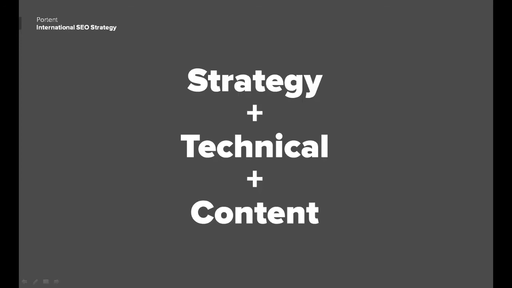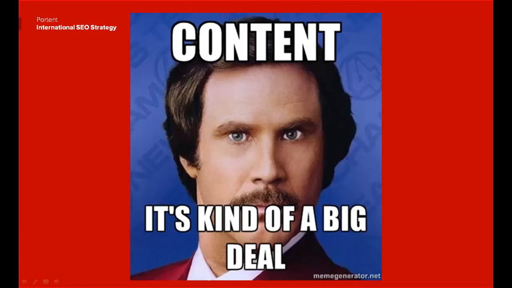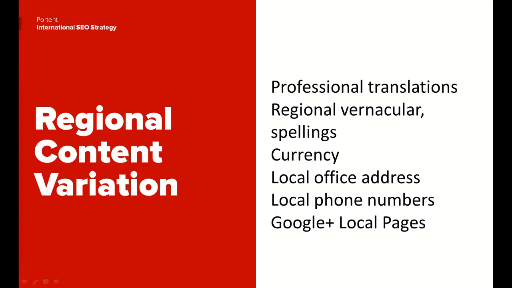Let's talk quickly about some content considerations for when you're setting up and developing your international sites. So content is kind of a big deal. It's important to realize that you can't just duplicate all versions of your site as if they're going to be sufficient to target other audiences across the globe.